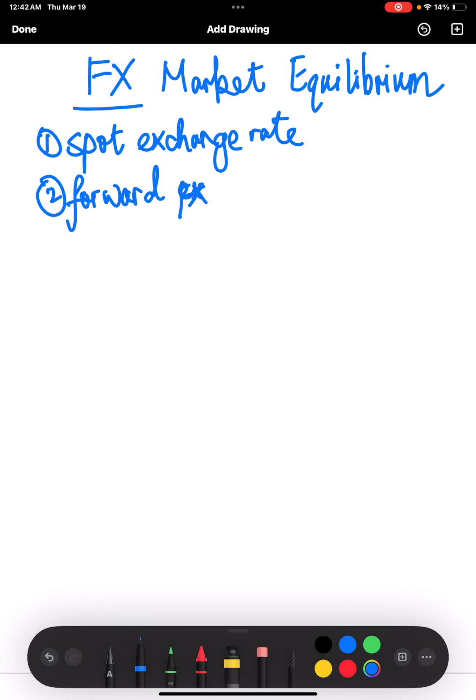And then for exchange rates, basically it reflects the price for a currency. So you can look at currency as also a good, right? As something that can be tradable. So for all these things that can be tradable, there's a price for it. So there's a price tag for that, which is the exchange rate.